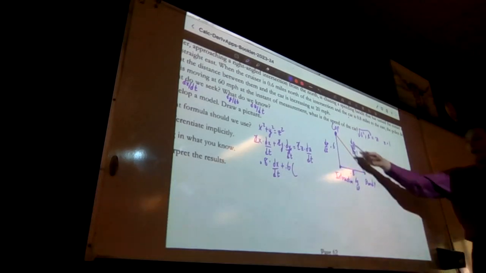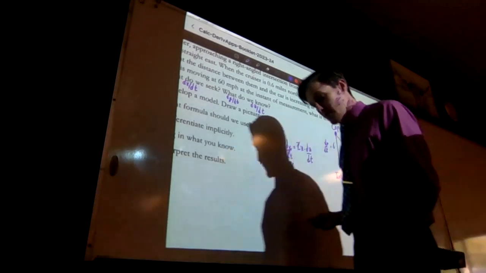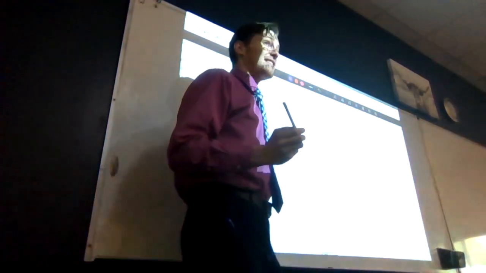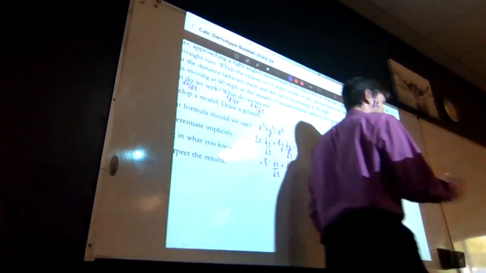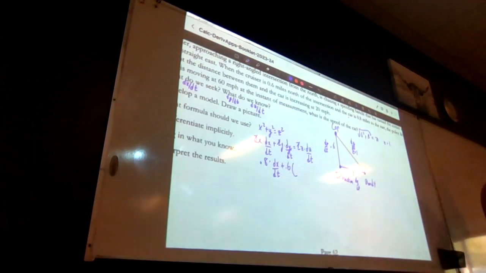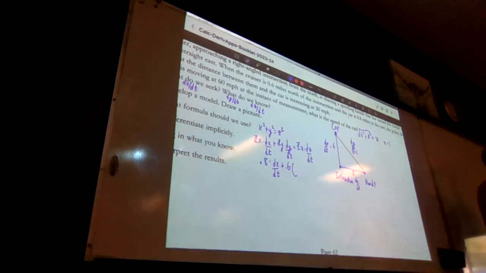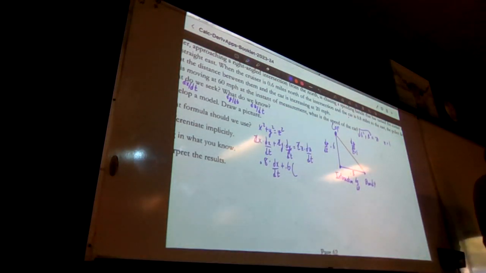Where is the cop car going? South. And what does south usually mean? It's going down, negative. Yes. The velocity is negative because we're going 60 miles per hour towards the south.